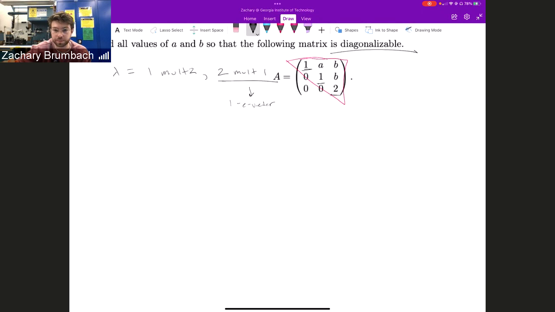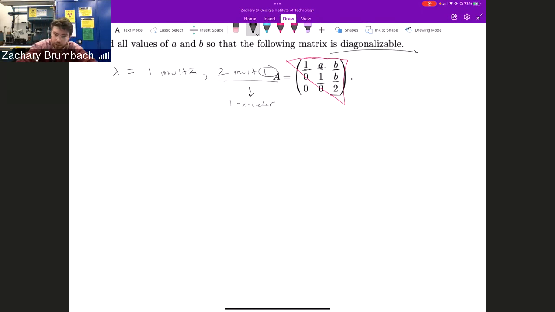Regardless of what B or A are, it's not going to change the fact that this is a triangular matrix and 2 is on that diagonal, okay? Whatever A and B are, they don't affect the 2 part of this, okay? Does that part make sense? Like 2 is on the diagonal, period, cool. It's an eigenvalue. It'll never affect that.